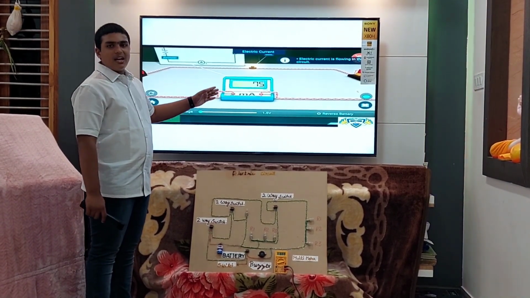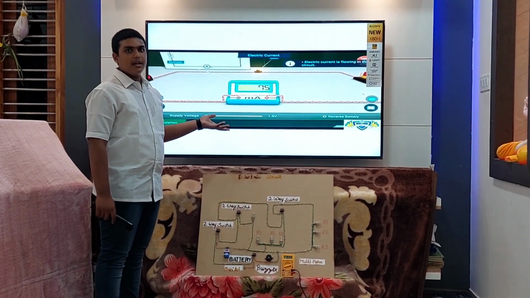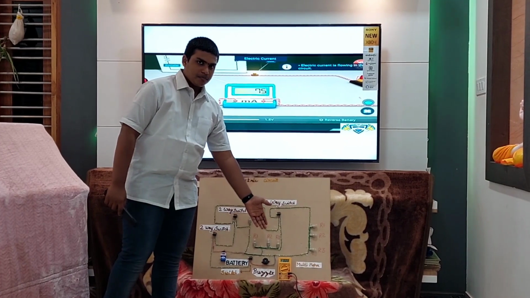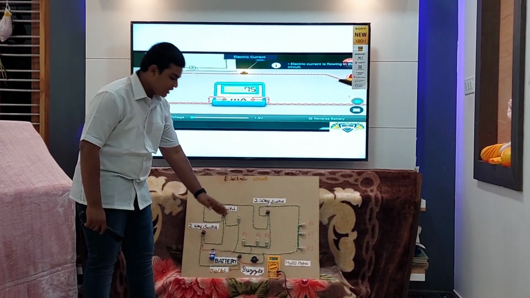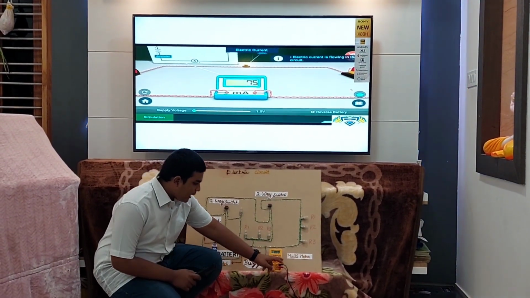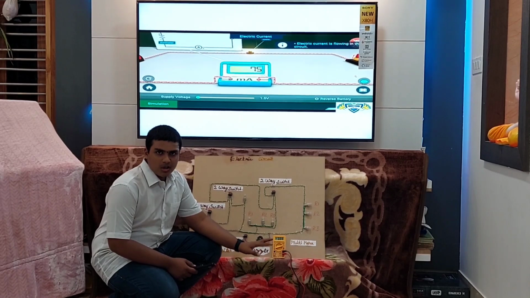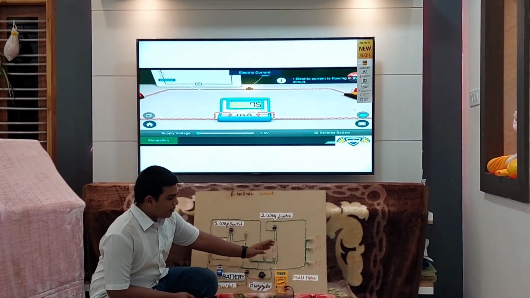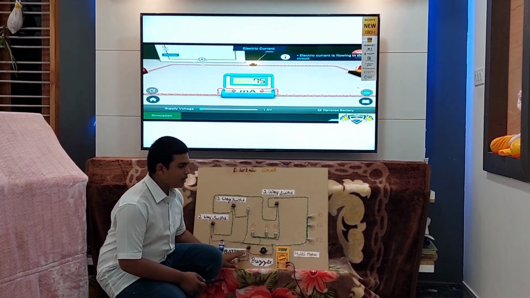Instead of taking separate multimeter, ammeter or voltmeter, we can take the multimeter. We can check voltage, amps, milliamps, ohms, and all the resistors. So I have taken a multimeter for checking the current flowing through it.